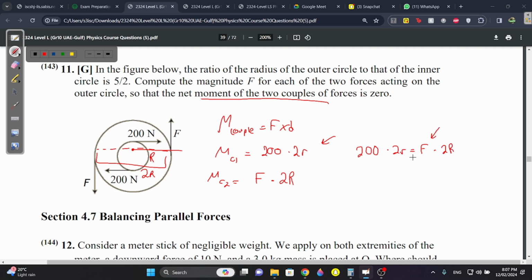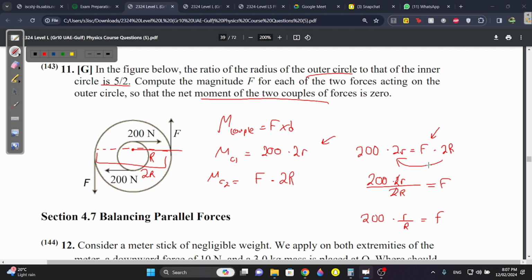Can we find the force? Yes, we can. We just divide by 2R on the other side. So it will be 200 times 2r over 2R equals F. You can cancel this 2 with this 2. You'll be left with 200 times small r over big R equals F. Okay, we know that the ratio of the outer circle to the inner circle is 5 over 2.